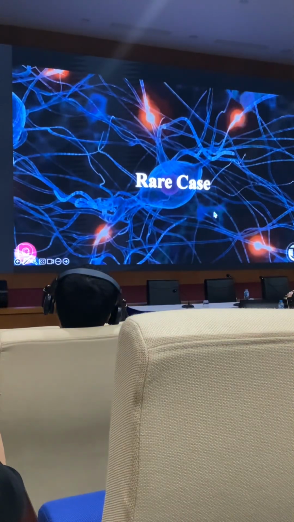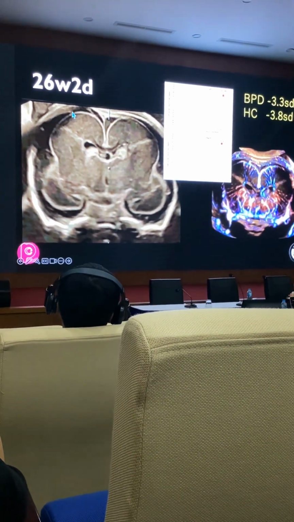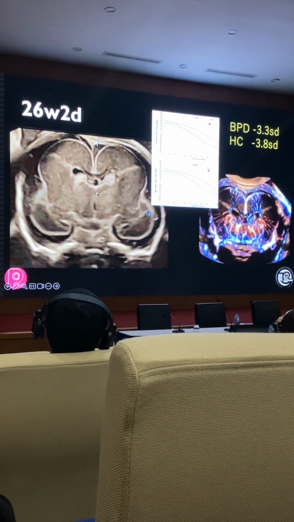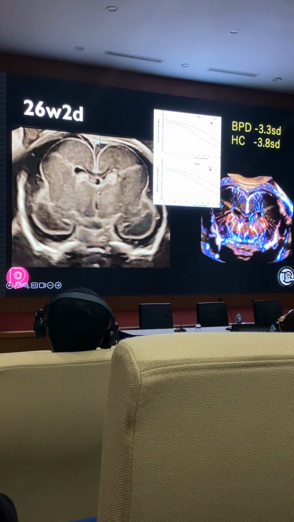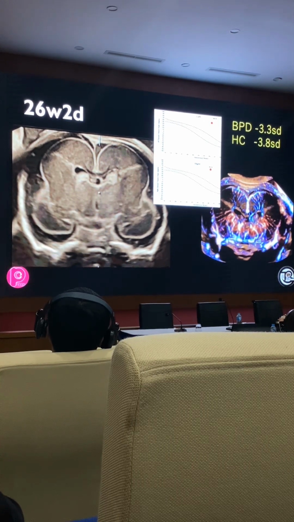And we have a very rare case. Here you can see 26 weeks of gestation. You can see a very abnormal, premature Sylvian fissure. The BPD is minus 3.3 and the HC minus 3.8 standard deviations.